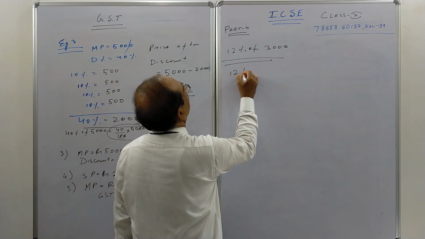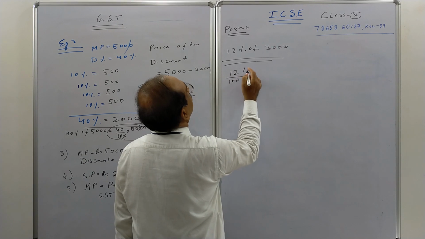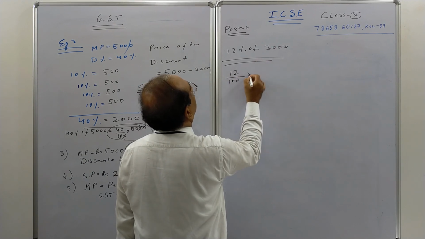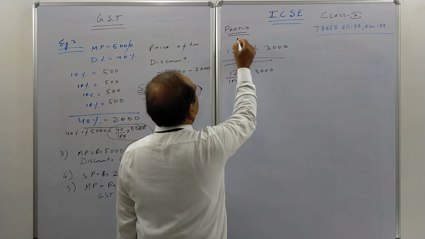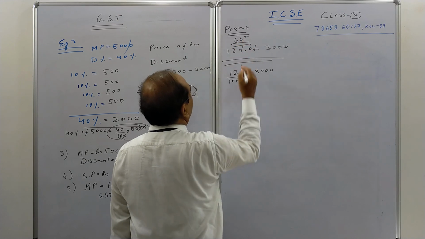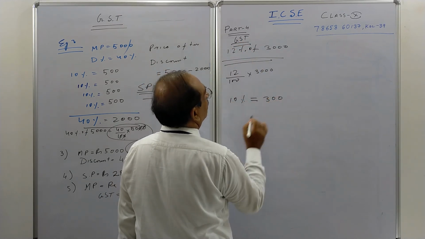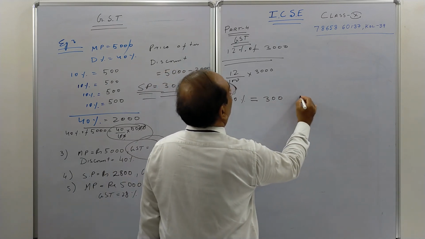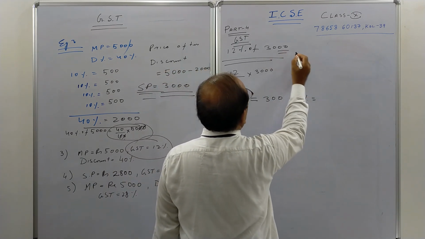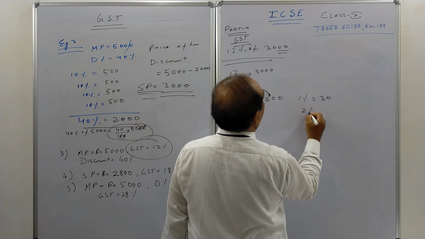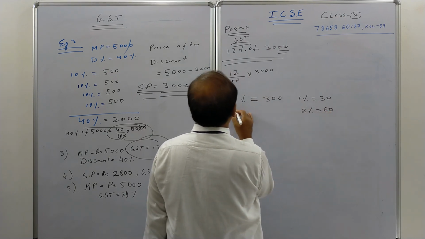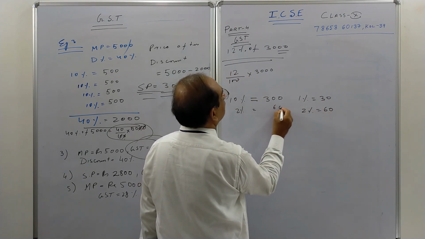So what is the traditional method? Percentage goes here, we get 12 by 100 into 3,000. This is my GST. But what is the easiest method? I told you 10% mentally you will do 300, remove a zero. 1% is remove two zeros, 30. 2% is 60.